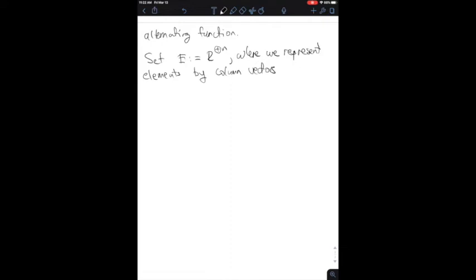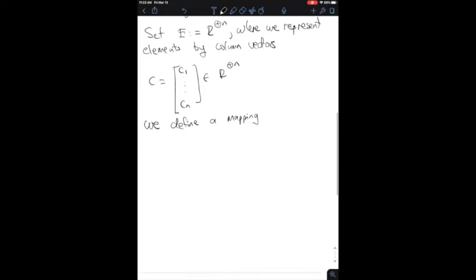So take some element C given by some column vector, say with entries C1 up to Cn in R to the n. Then we're going to define a map which should be some n multilinear map. So it takes as input n different column vectors and gives as output some entry in R, so some scalar.